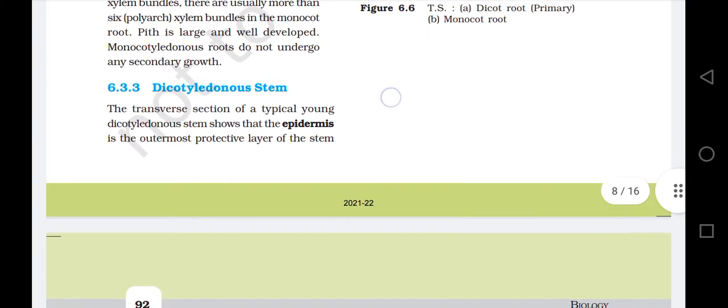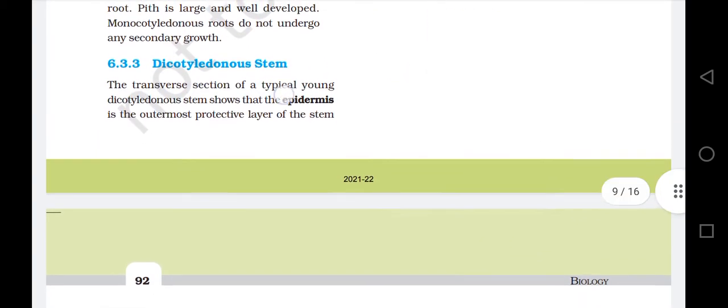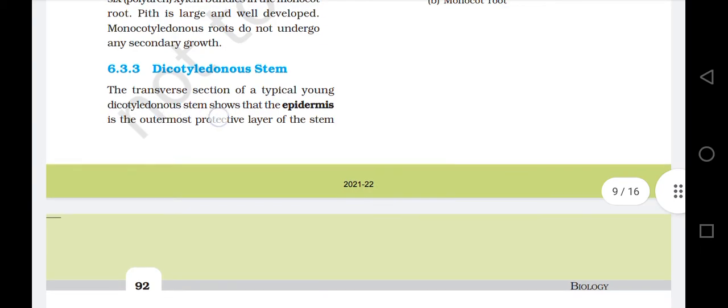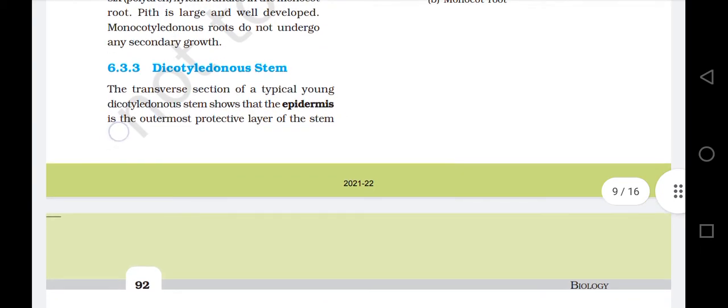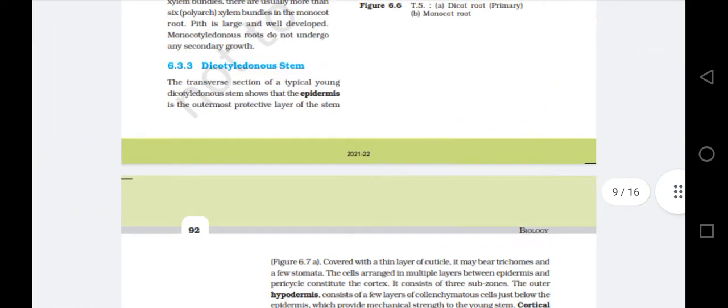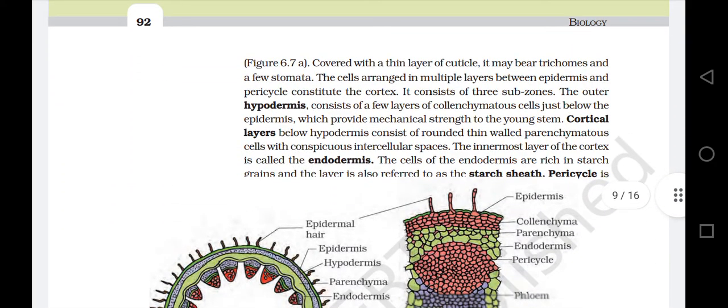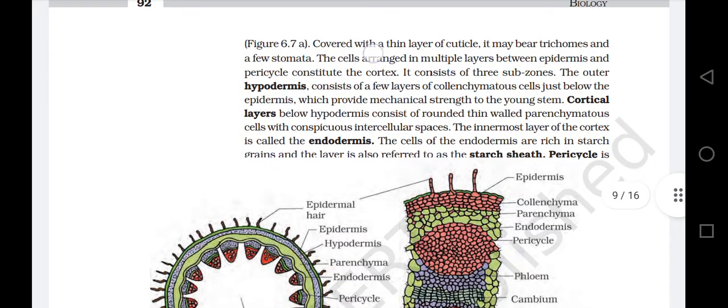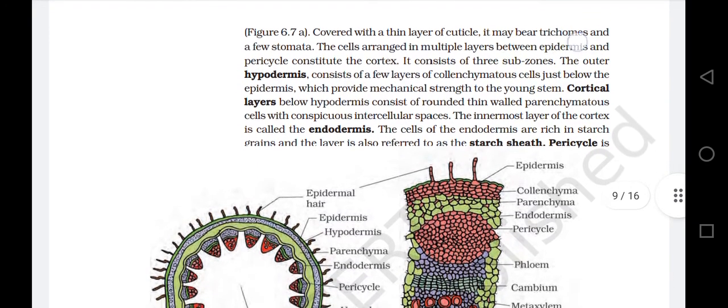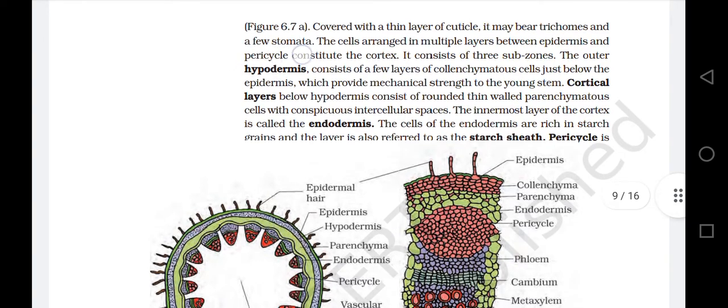6.3.3 Dicotyledonous stem. The transverse section of a typical young dicotyledonous stem shows the epidermis as the outermost protective layer of the stem, figure 6.7a. Covered with a thin layer of cuticle, it may bear trichomes and a few stomata.